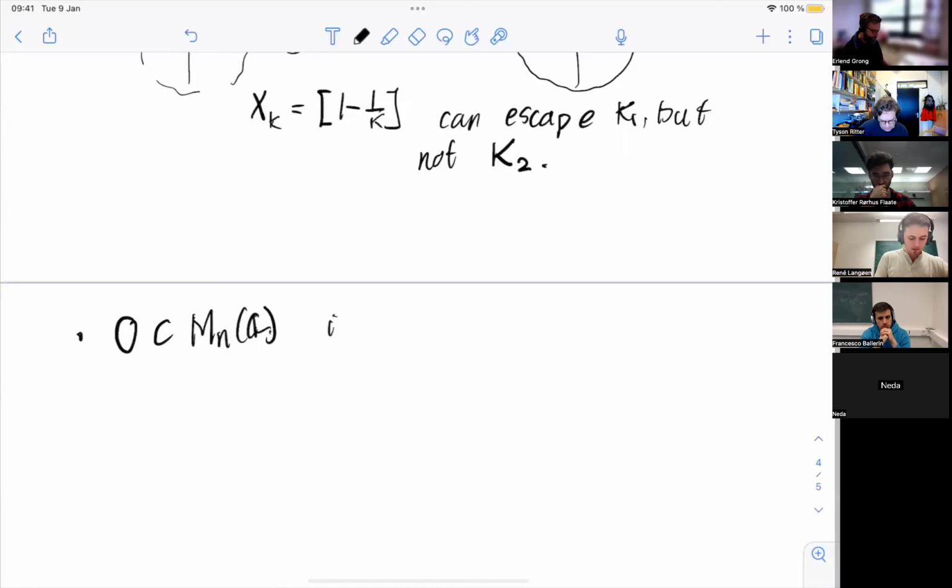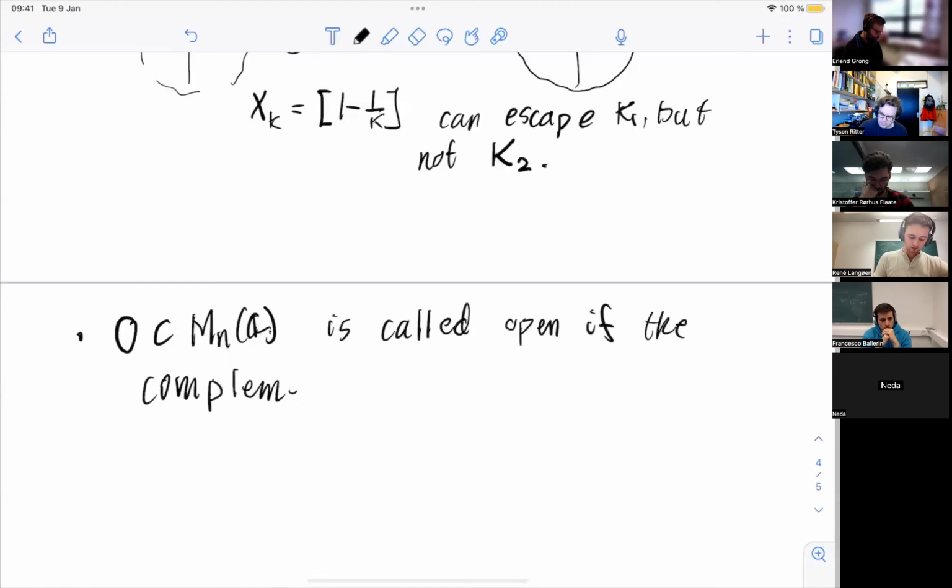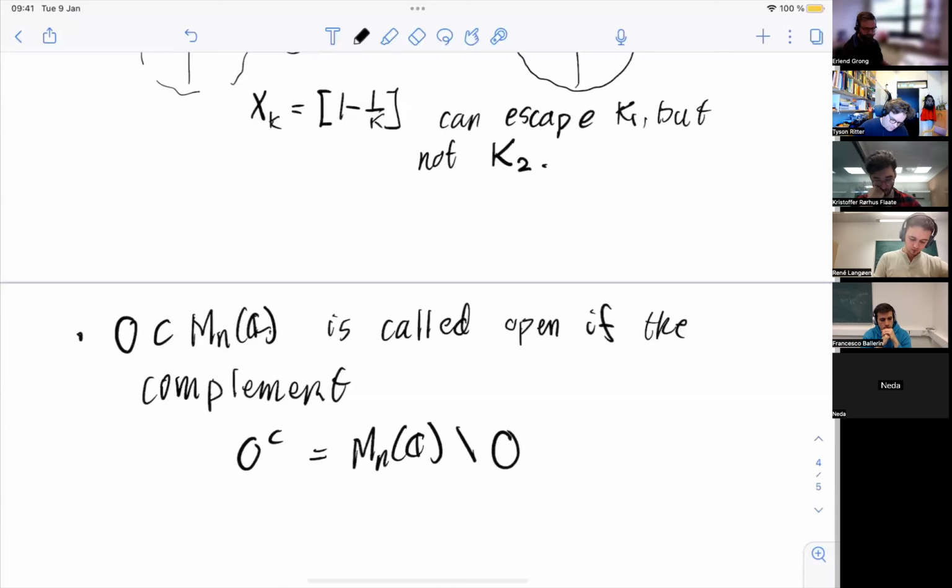So O is called open if the complement, so all the matrices when we take out O, is closed.